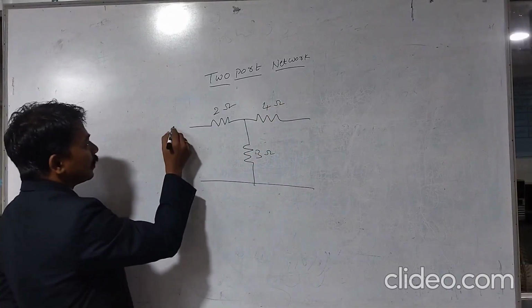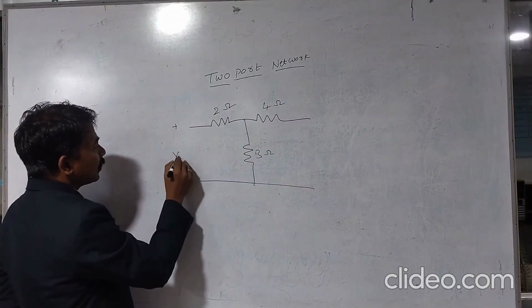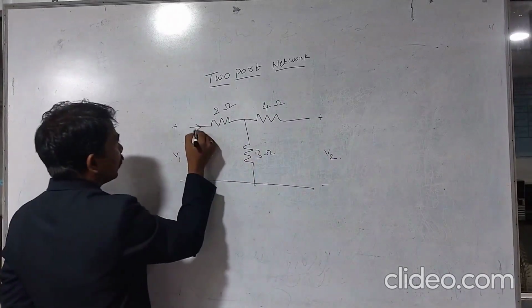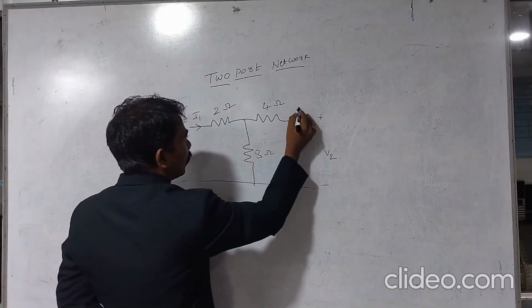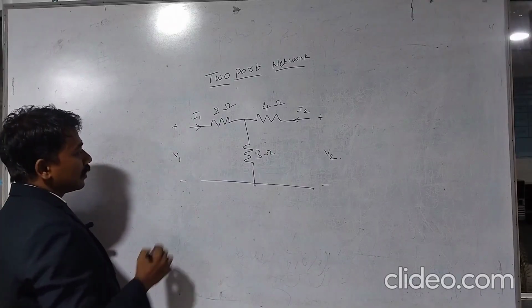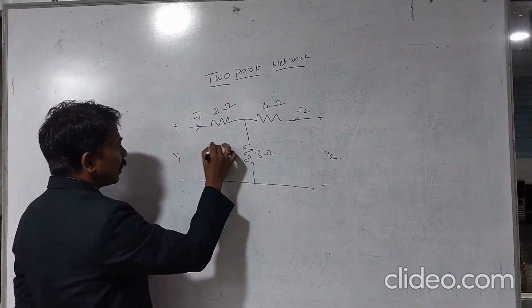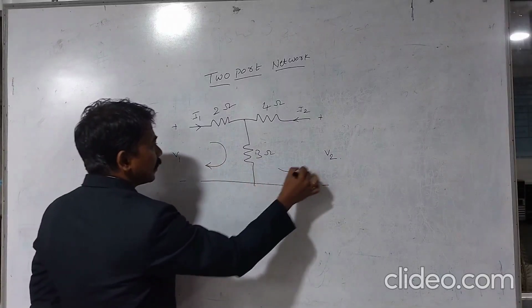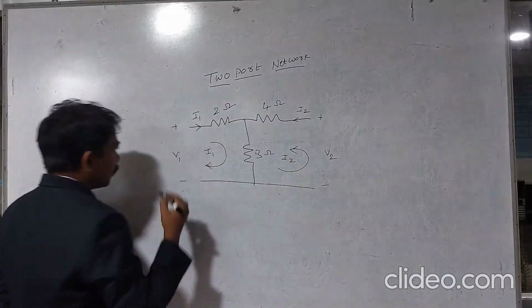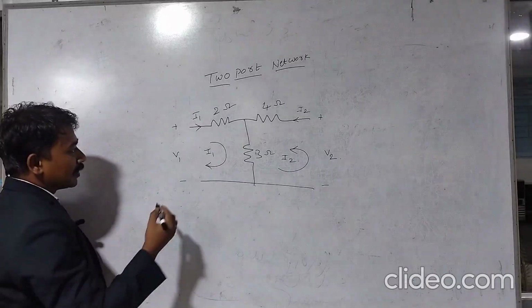First, you have to mark the corresponding input voltage, output voltage, input current, and output current. The given network is a T network. It is more convenient to write the KVL equation to find Z parameters. So now I'm going to derive the respective Z parameters of the given network.